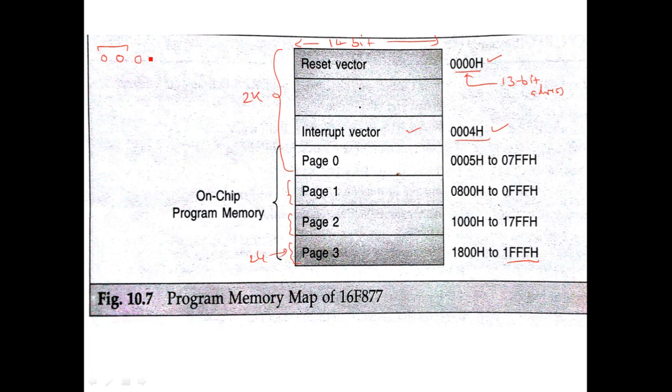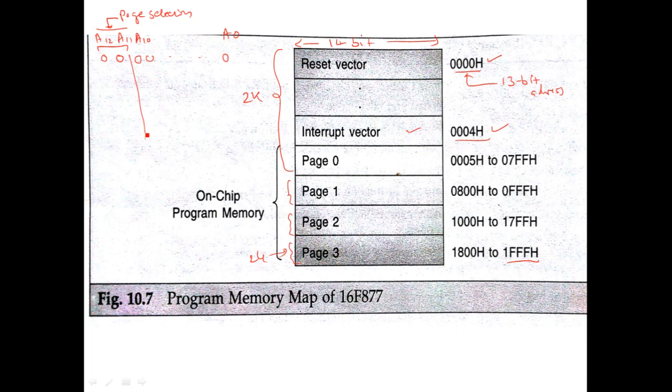So this is address 0 to address 10, and address 11 and address 12 can be considered as page selection bits for page selection.